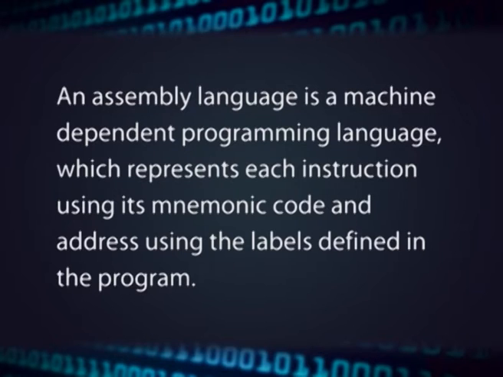An assembly language is a machine dependent programming language which represents each instruction using its mnemonic code and address using the labels defined in the program. The assembly language consists of English-like words called mnemonics. Each statement in the assembly program is either an instruction mnemonic or a directive to the assembler to do a particular task.